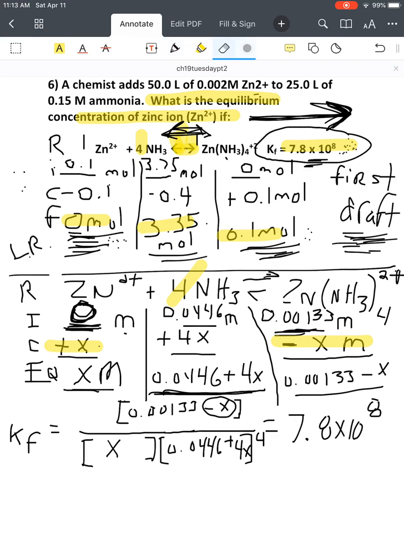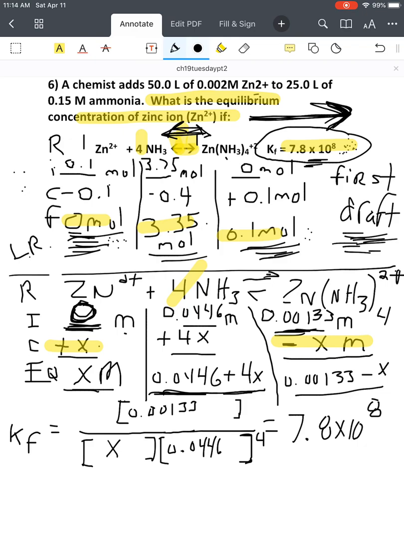So what that tells me is x is very likely to be very small, and I probably can ignore it right here. Similarly, I can also probably ignore that x down in the denominator. Because even if I multiply it by 4, it's probably going to be really, really tiny compared to 0.0446 molar. Now doing this really simplifies my life a lot, doesn't it?